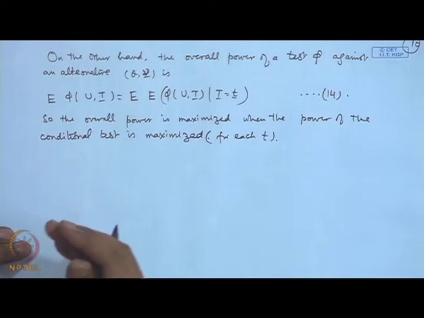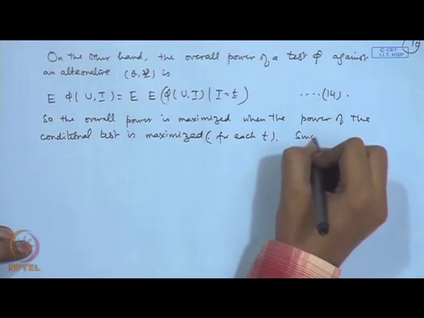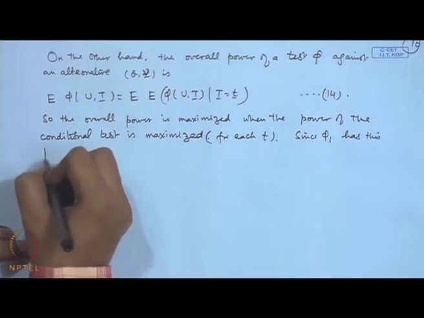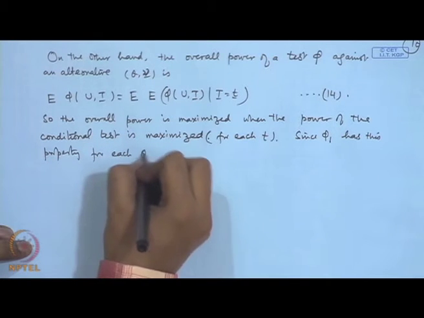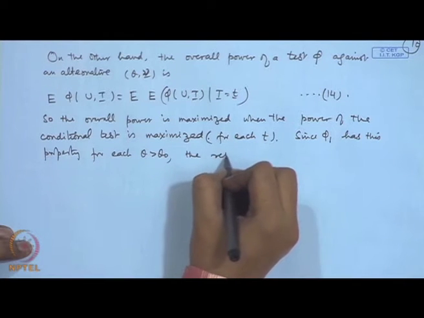Now, phi 1 was already having this property. Since phi 1 has this property, for each theta greater than theta naught, the result follows.